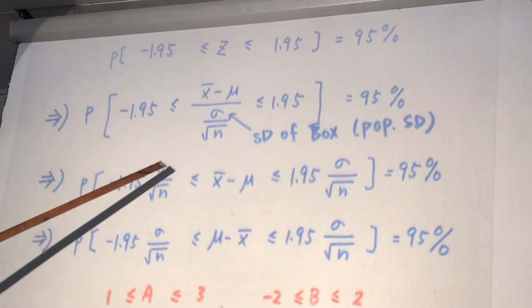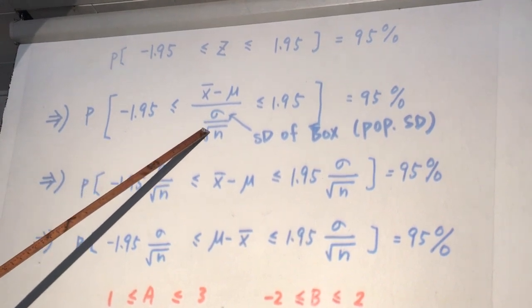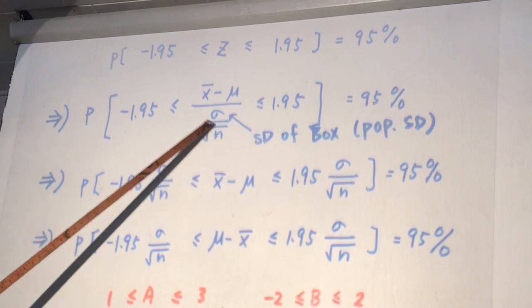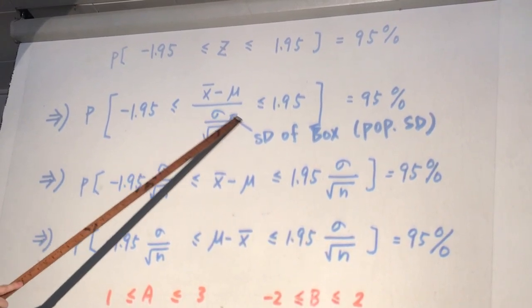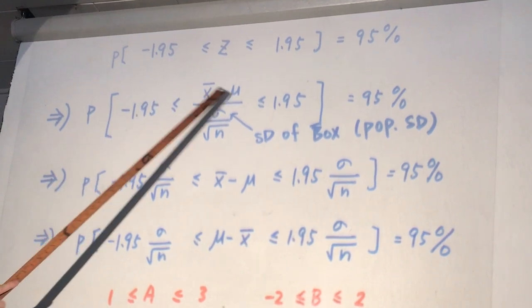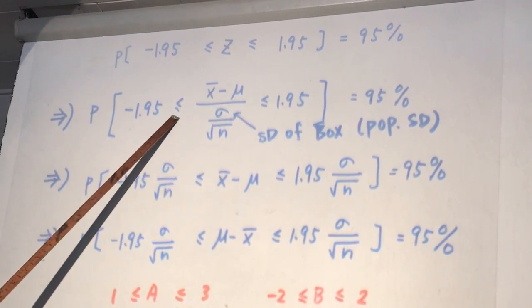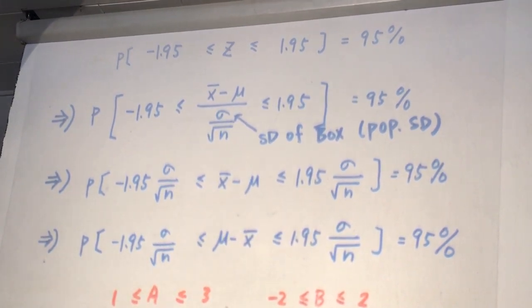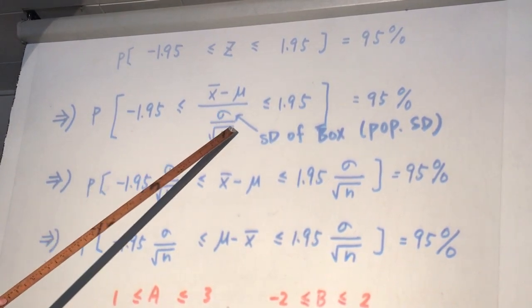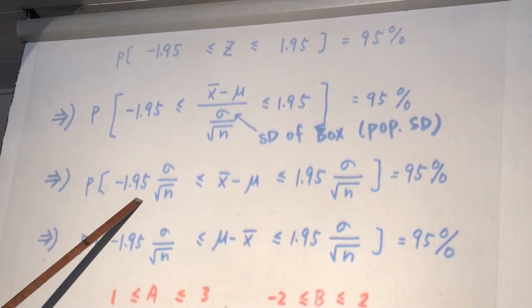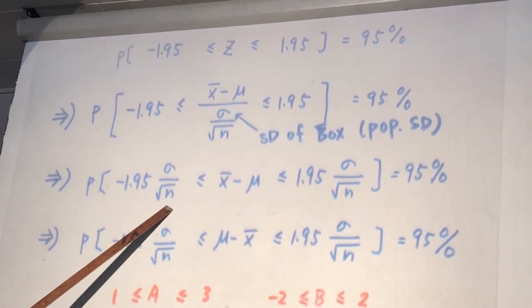Now, what do you know about sigma over square root n? Sigma is a standard deviation, and n is the sample size, so this number must be greater than 0. If you multiply this number to all 3 terms, since it is positive, you won't change the direction of the inequality. So sigma over square root n times -1.95 gives -1.95 times sigma over square root n.